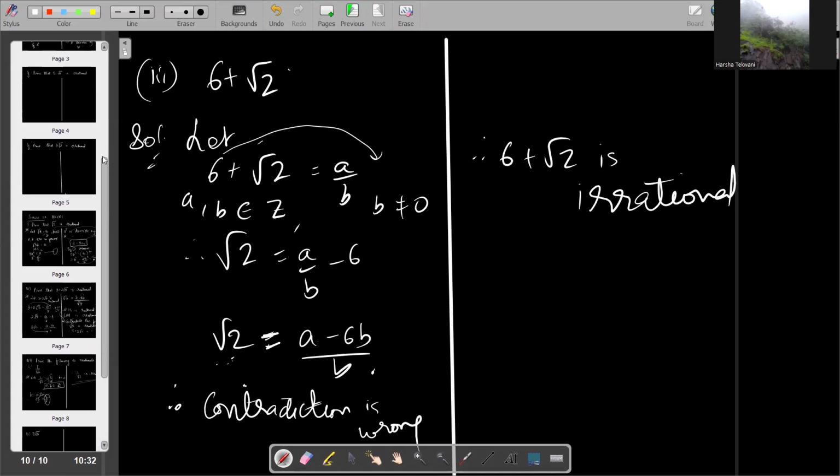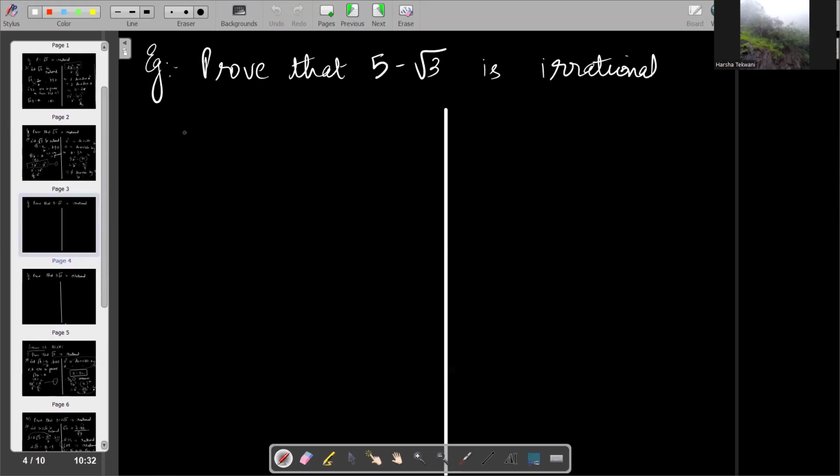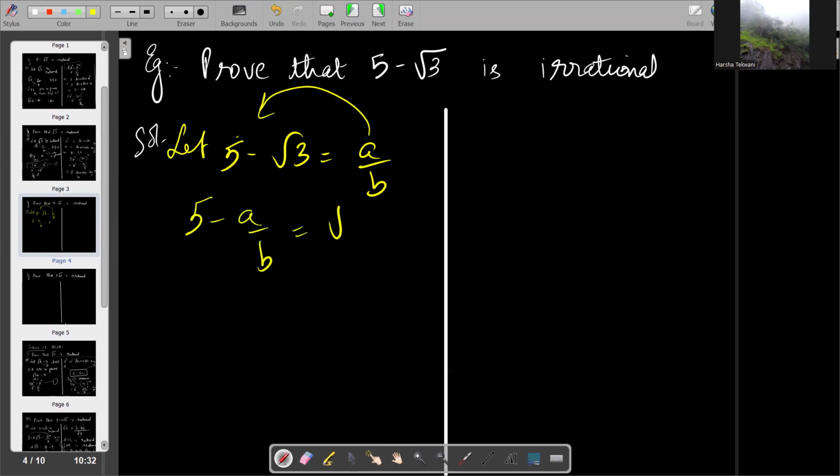And I think you can try these examples. Binomial ones, same story. Let 5 minus root 3 be rational. Throw 5 that side, or maybe we can throw a by b here and push root 3 that side. Take LCM. LHS is completely rational, so the simplification also will be rational.